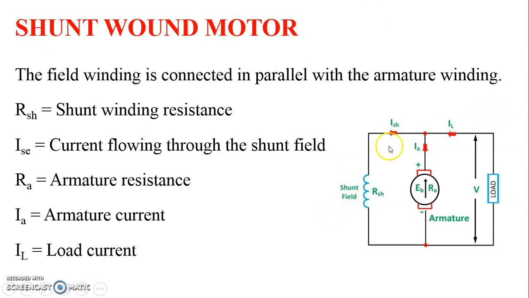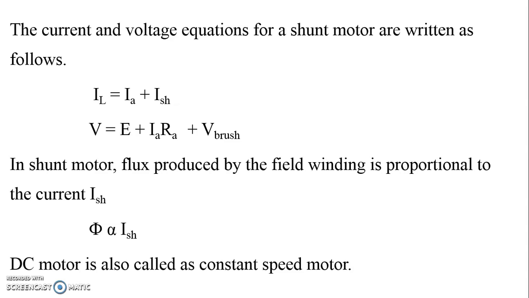Here RSH is the shunt field winding resistance and ISH is the current flowing through the shunt field winding. RA is the armature resistance, IA is the armature current and IL is the load current. So from the diagram, the current and voltage equation for a shunt motor is: IL is divided into two parts, that is the armature current plus the shunt field winding current.